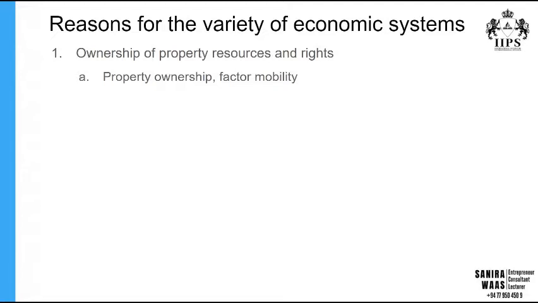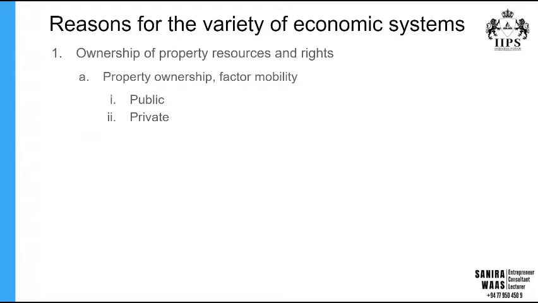The variety comes from the ownership: whether it's publicly owned, which means the government holds the ownership, or privately owned, where households and individual people hold it. Based upon that, the variety comes into play among the economic systems.